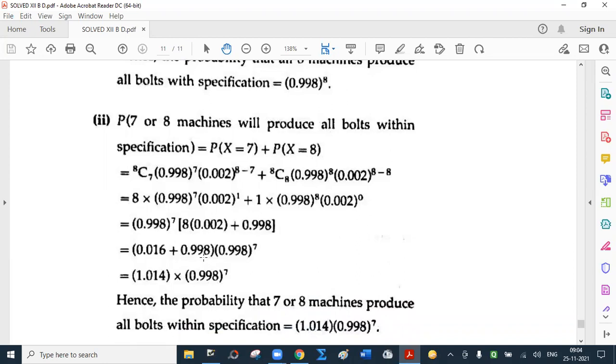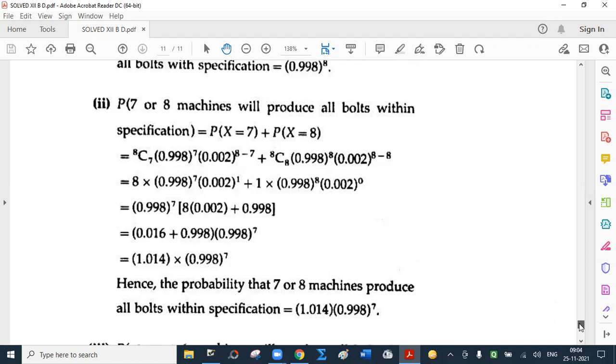Addition of these is 1.014. So 1.014 into 7th power of 0.998. As I said, if only this part is asked, simplify this using log tables. In board exam, log tables are allowed. For CET or JEE Main, use of logarithmic tables is not allowed.